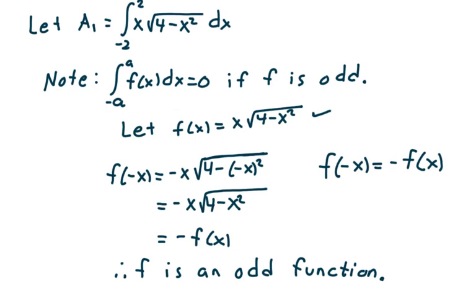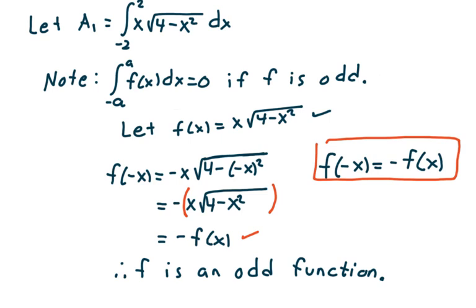But if you notice, if I block off this portion here, that's another name for f of x. And so f of -x is the same as -f of x. And we just showed f is an odd function. And f is odd if f of -x and -f of x are the same.